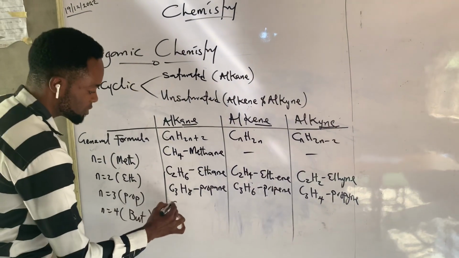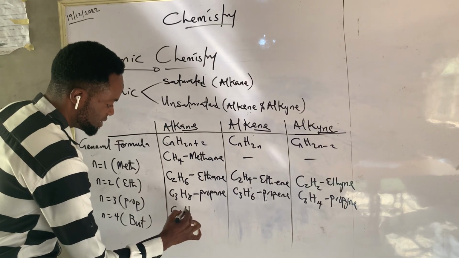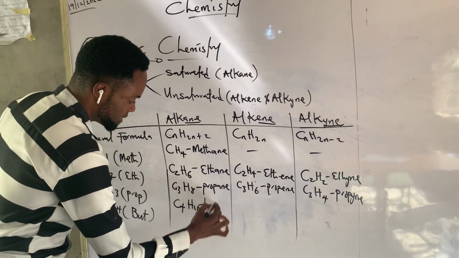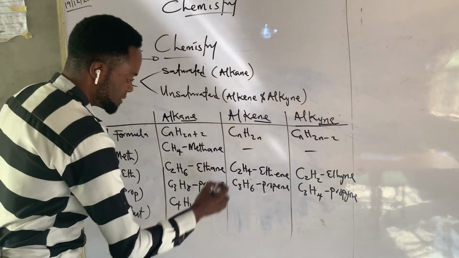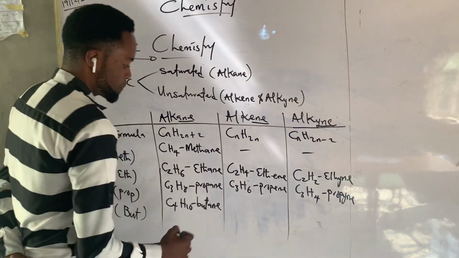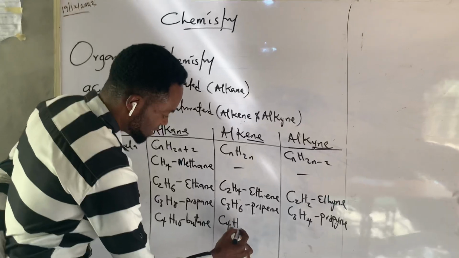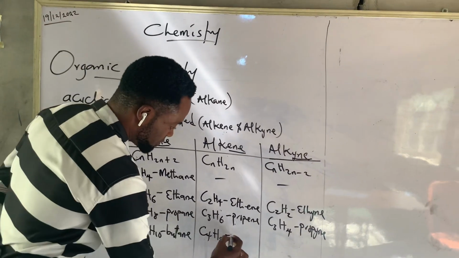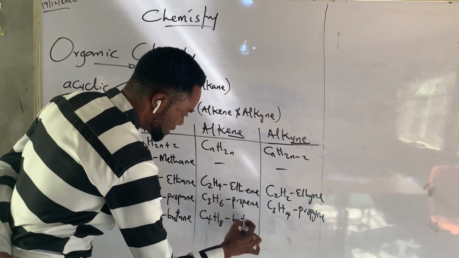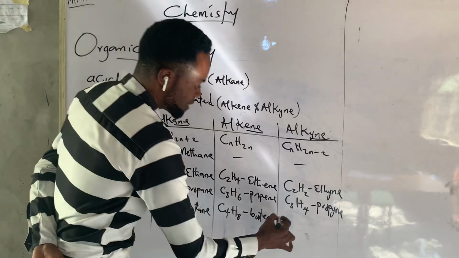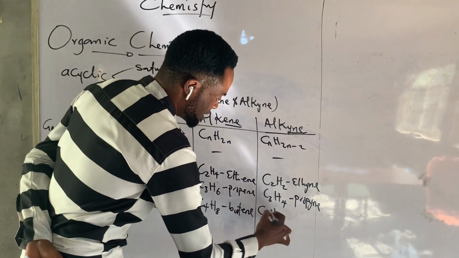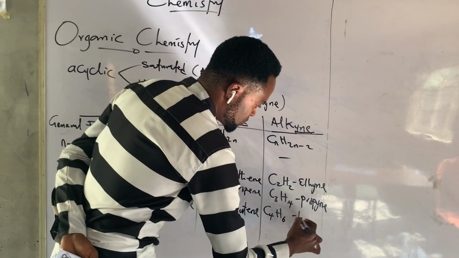So we have C4H10, that is butane. Then we have C4H8, butene. We have C4H6, that is butyne.